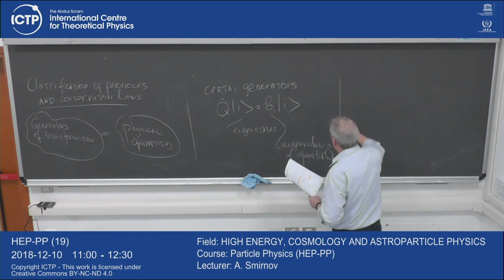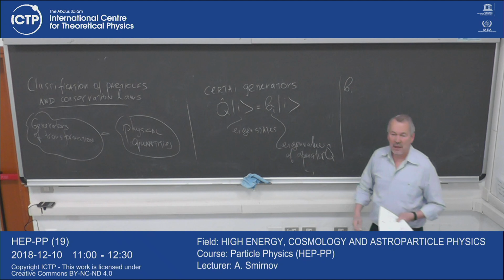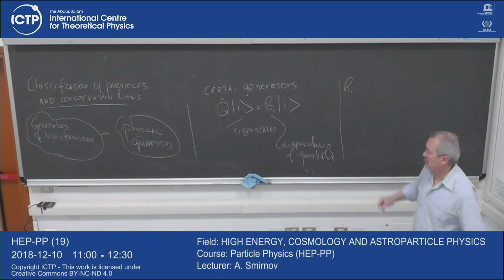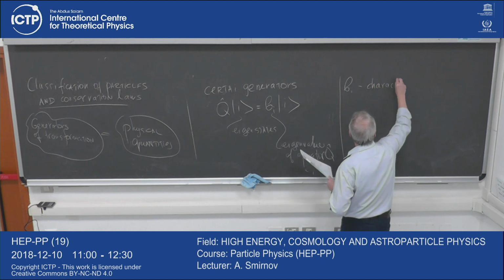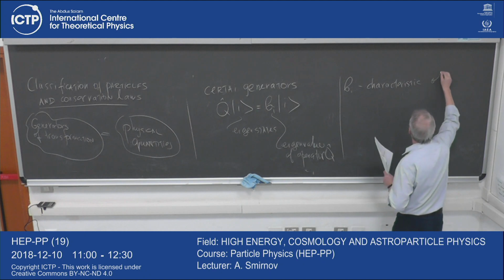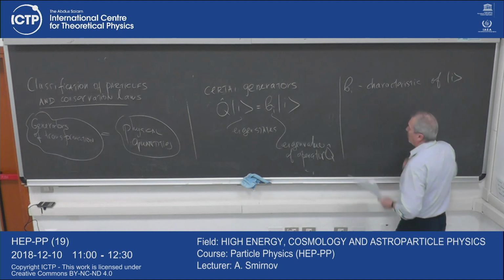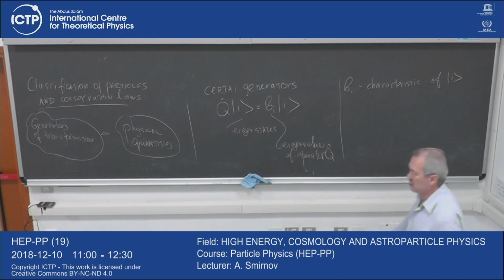So according to quantum mechanics, B_i is a characteristic of the state I, and it can be used as a quantum number which describes the state I. Again, come back to the example with isospin.